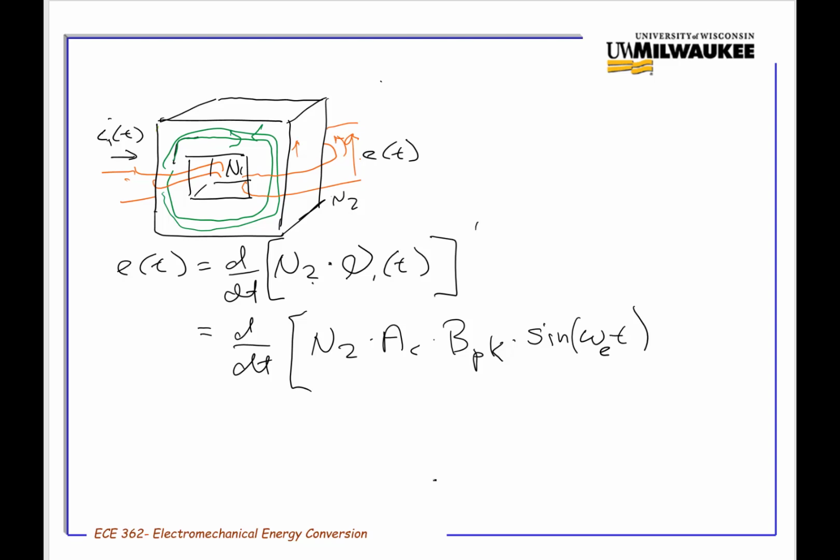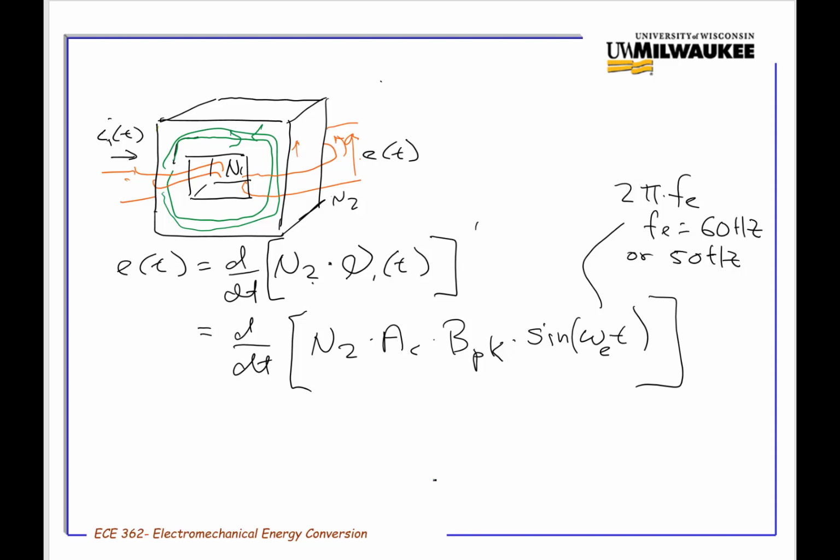I'm going to call this omega sub e t. So as you recall, that's the electrical frequency that is applied. So it's 2 pi times Fe, so Fe might be 60 hertz if we're in the United States, or 50 hertz if we're over in Europe or somewhere else that uses 50 hertz.